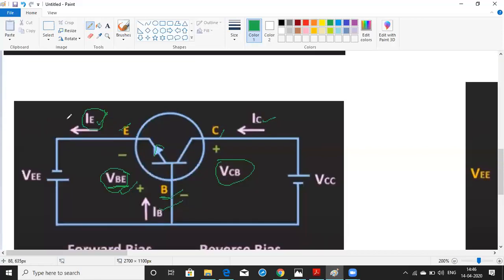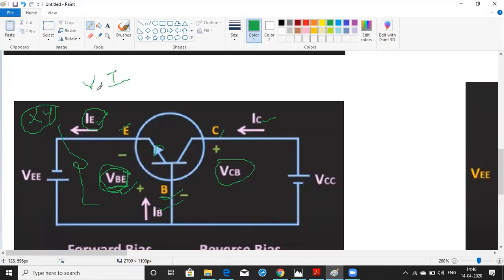In order to draw the input characteristics, we need to have one x-axis and one y-axis. Here, the characteristics we need to draw are between voltage and current. So this is actually the input side. The voltage VBE is the input voltage and IE is the input current.